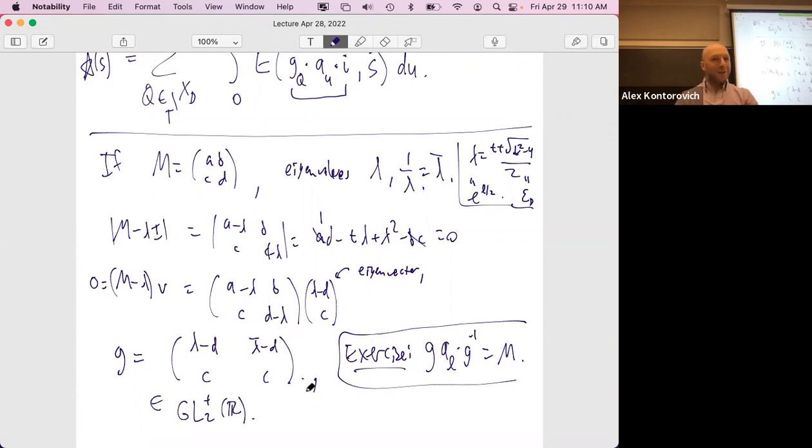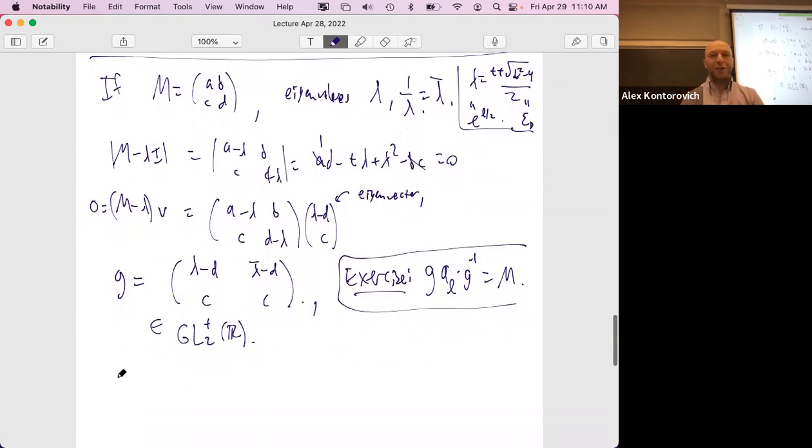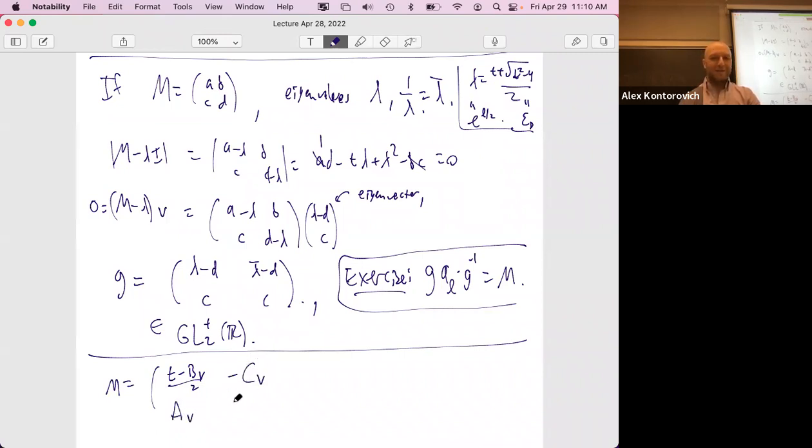Well, what does that mean? This gives us, so for G, what is G corresponding to? This is the end of where A, B, C, D is used for M. Remember, M was T minus B V over 2, negative C V, this is a capital C, A V, and then T plus B V over 2.